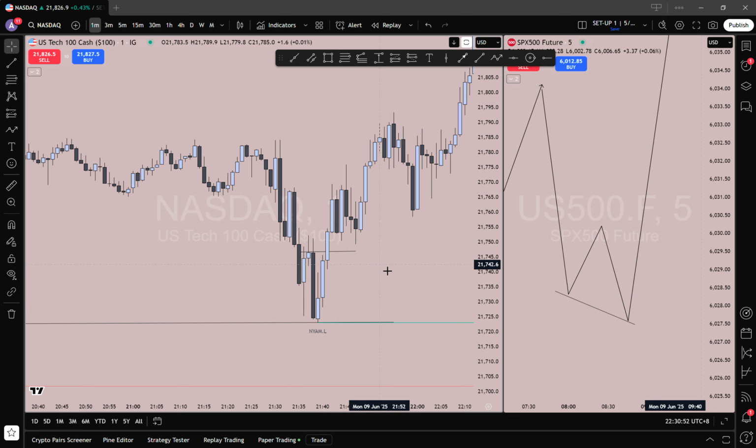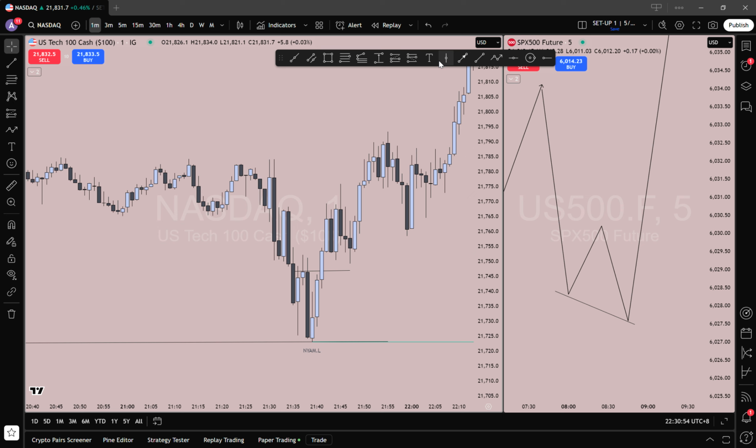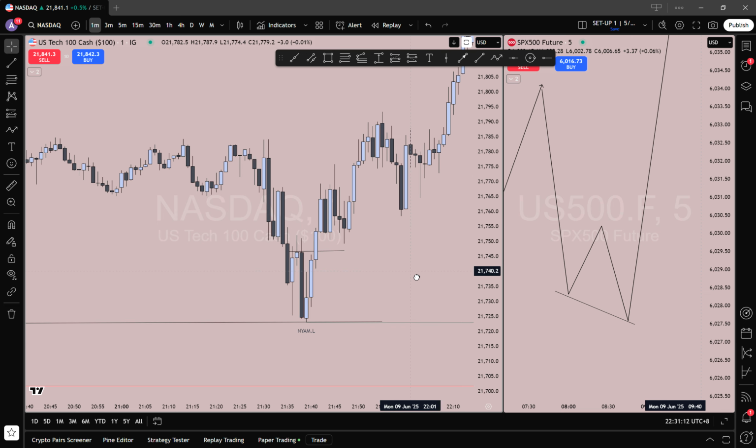You can see that price on the 1 minute time frame made a higher high, then made a lower high, then made a lower low, then a lower high, then a lower low. And after that, price broke this lower high and then formed a higher high. So that is a CISD, or in other words, a change of character.